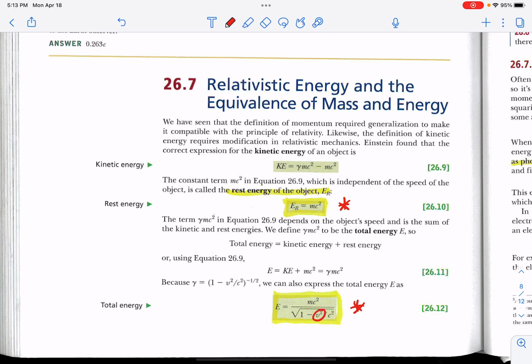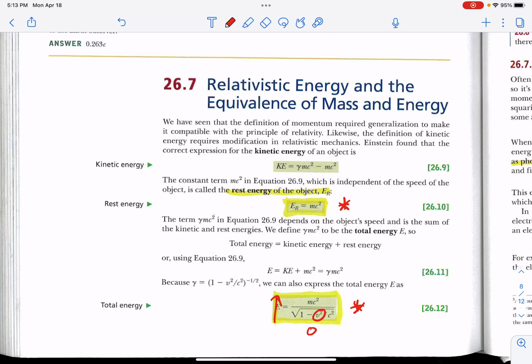Again, as your speed approaches c, then 1 minus v squared over c squared approaches 1, 1 minus 1 approaches 0, and as my denominator gets super small, the amount of energy gets incredibly large. In other words, it begins to take almost an infinite amount of energy to accelerate that mass anywhere close to the speed of light.